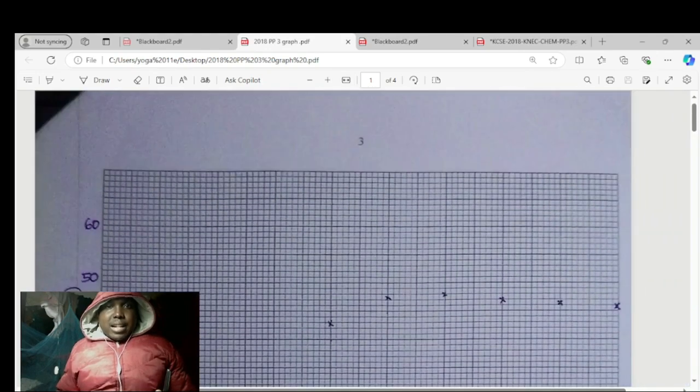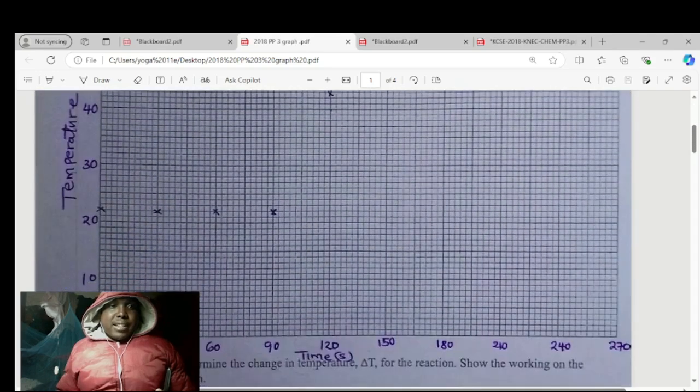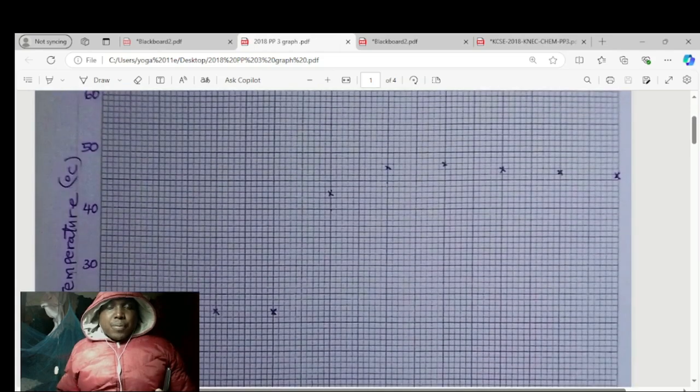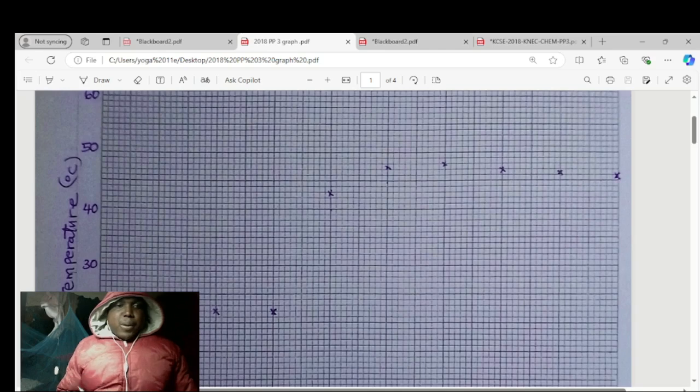This is our graph of temperature against time. I have put the points 22, 22, 22, 22, as you can see, and then I have put the points there.